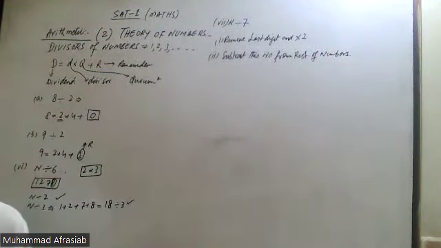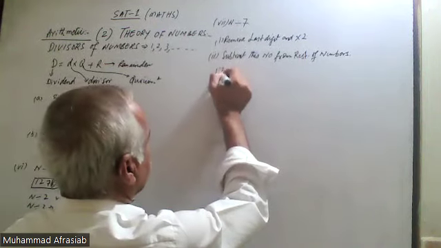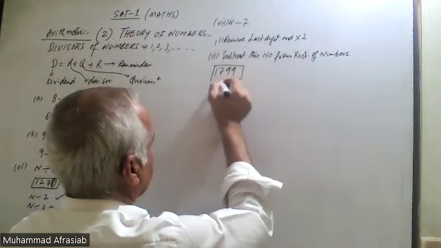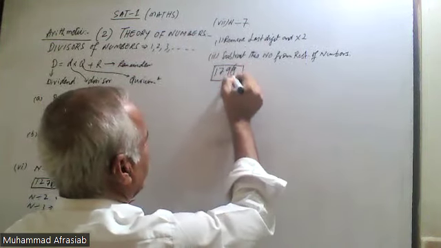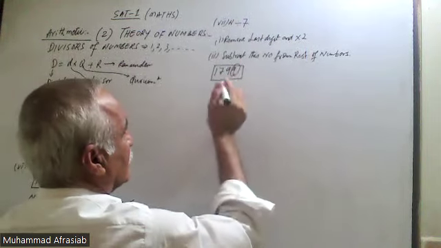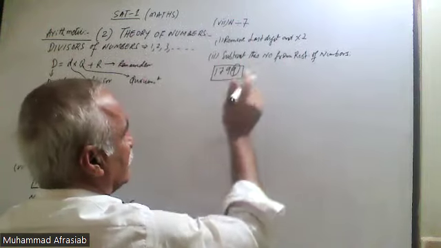For example, we take an example of this case, 1799. Let's say this is the number. Now, the last digit is 9. Take twice that number and subtract it from the rest of the number.